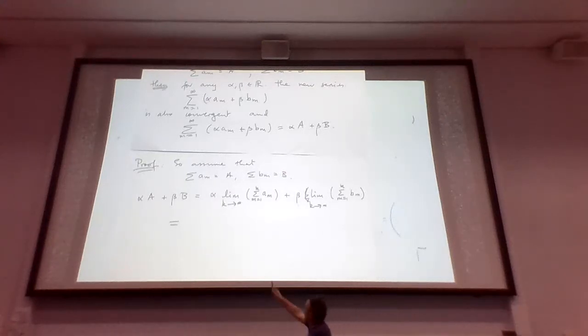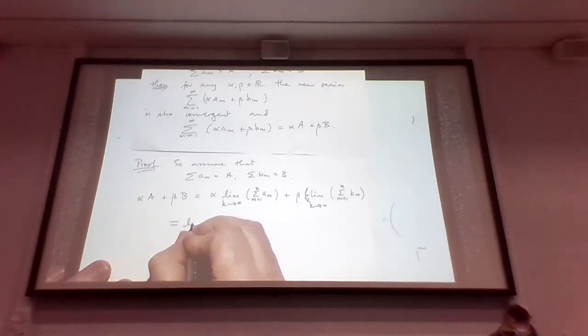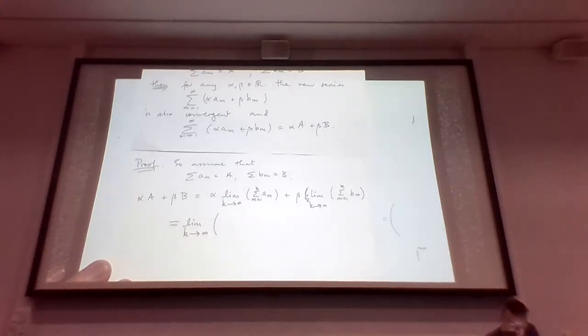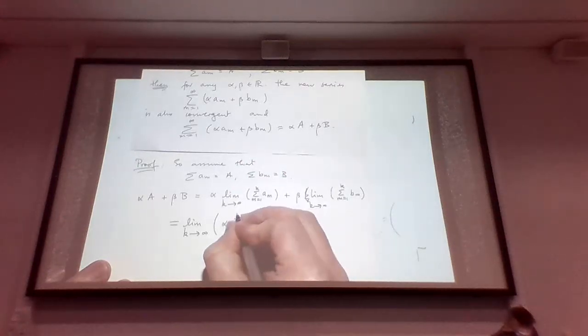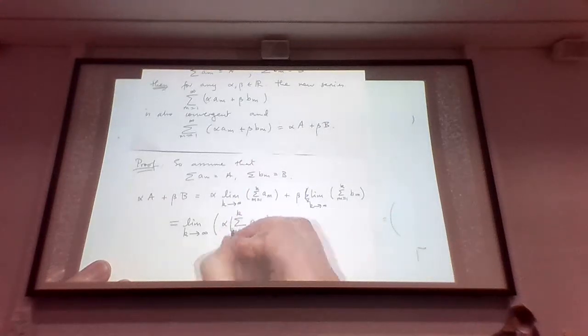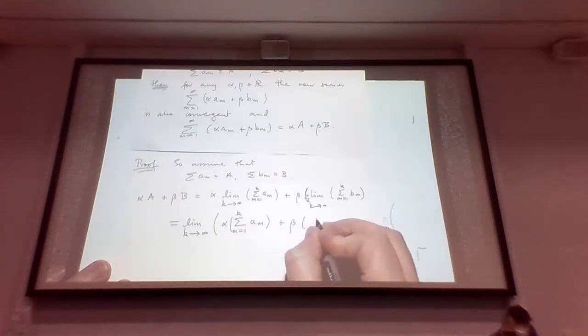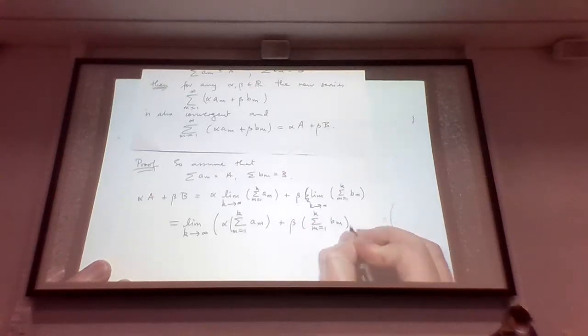But now I'm looking at alpha times the limit of one sequence plus beta times the limit of another sequence. So using our algebra of limits theorem for sequences, we can say that this is just the limit of the compound sequence, which is alpha times the kth partial sum of the A series, plus beta times the kth element of the second sequence.